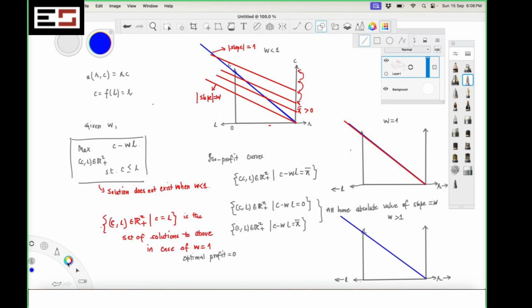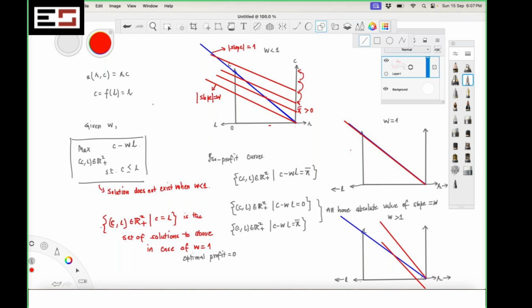Notice that in this case, your highest possible isoprofit curve will look like this. And these are going to give you negative profits, or basically losses. All these other points will give you losses because the intercept is in the negative direction, right? The intercept is below the horizontal axis. So the profit will be negative at all these points.